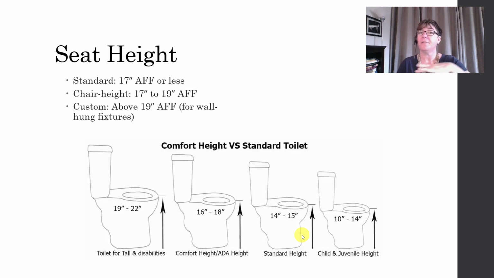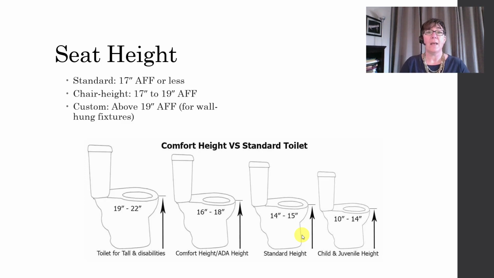Toilets come in different heights, and you can pick a standard height toilet, which is somewhere in the 15 to 17 inch range. You can pick a chair height, which NKBA calls chair height. You might also hear it called comfort height or ADA height toilet. That's going to be a little bit higher, 16 to 18 or 19 inches, depending on the model.